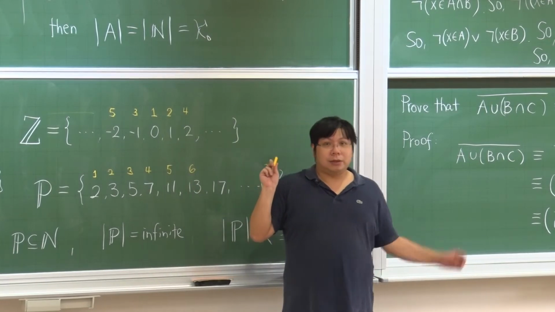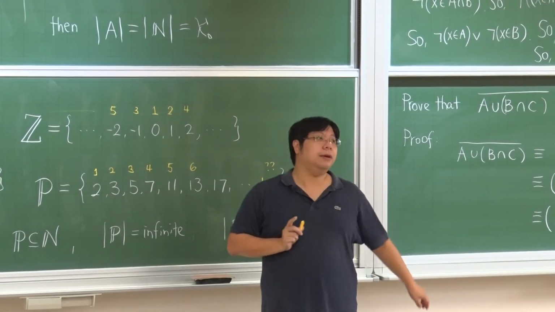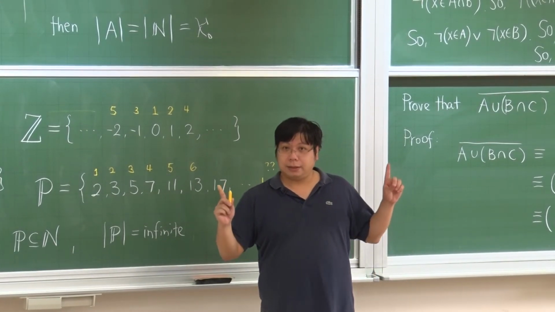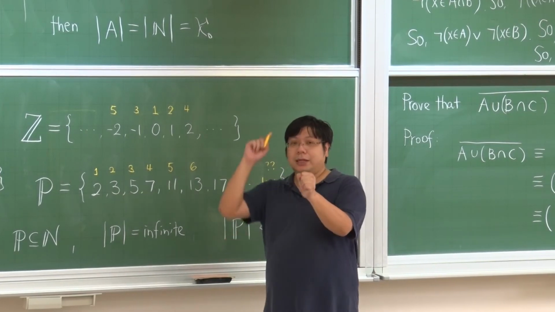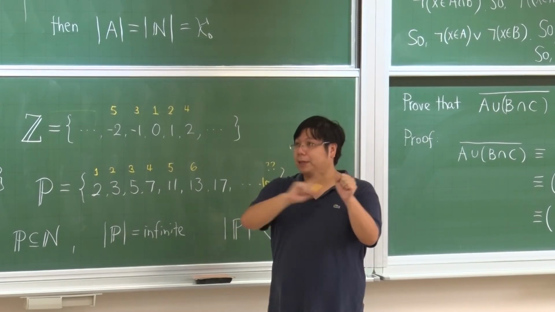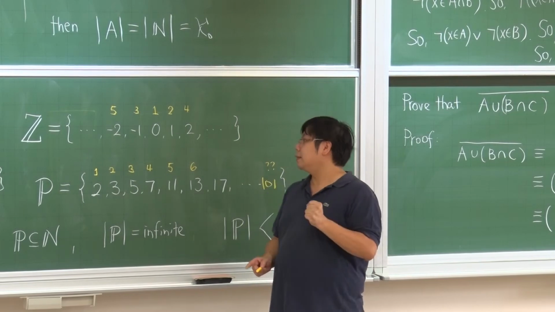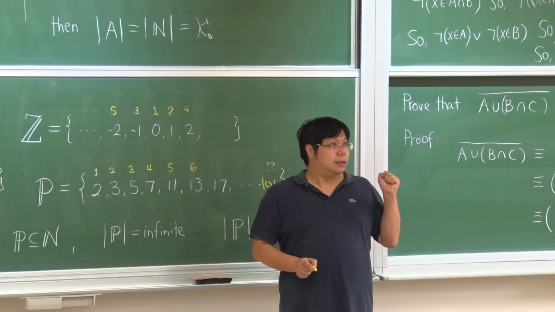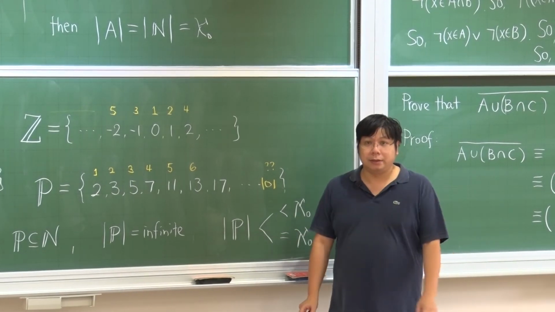So this is the general theorem: if an infinite set has a rule to list out the items one by one, and you are sure that every item can be listed, then that set has the same cardinality as the natural numbers.